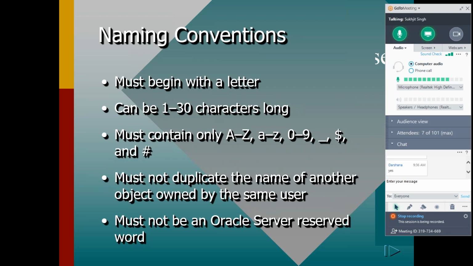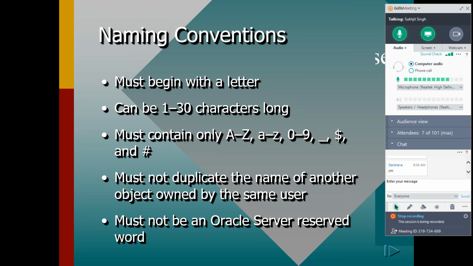There are these naming conventions that are used for creating a table. The name of a table or any object must start with a letter and cannot be more than 30 characters long. You can use those characters that are specified in the third bullet: lowercase a through z, uppercase A through Z, 0 through 9, underscore, dollar, and the hashtag.